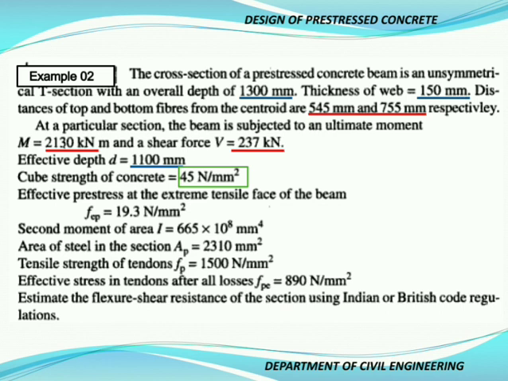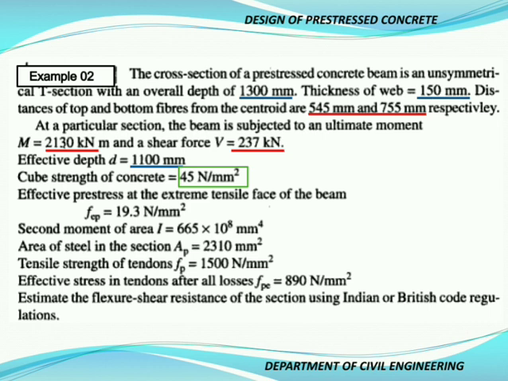The second moment of area, that is moment of inertia, I value is 665 into 10 raised to 8 mm raised to 4. Area of the steel AP is 2310 mm square. The tensile strength of the tendons FP is 1500 Newton per mm square.